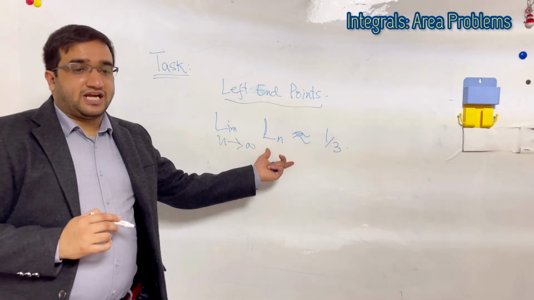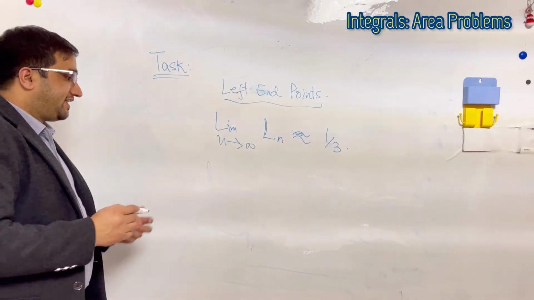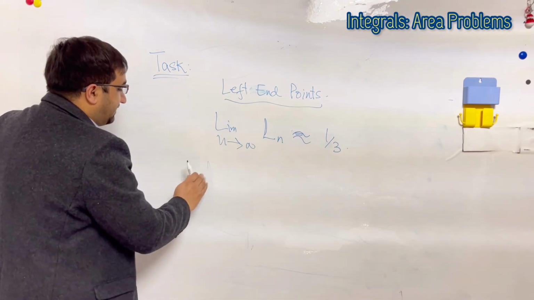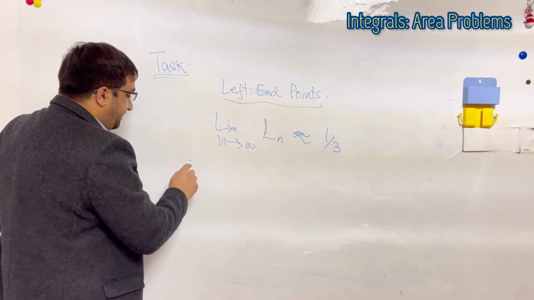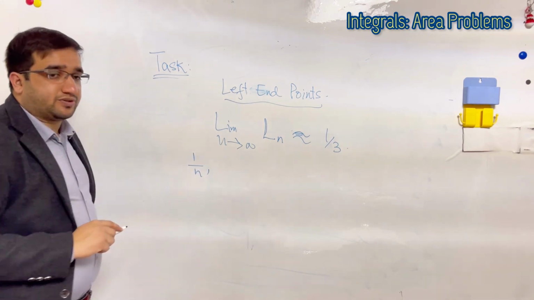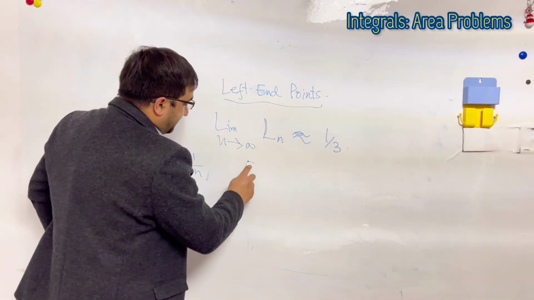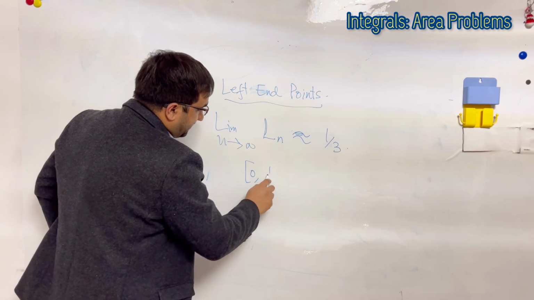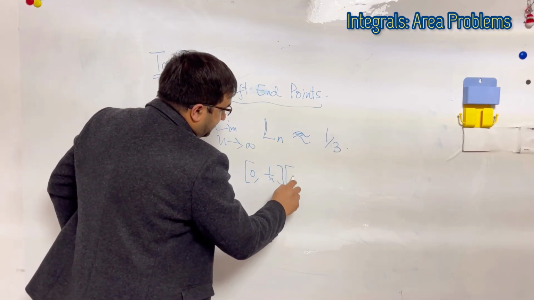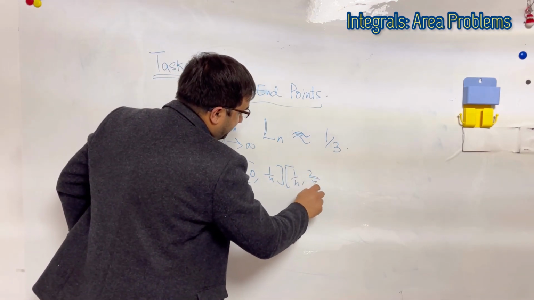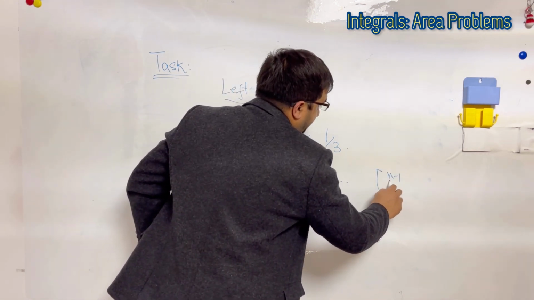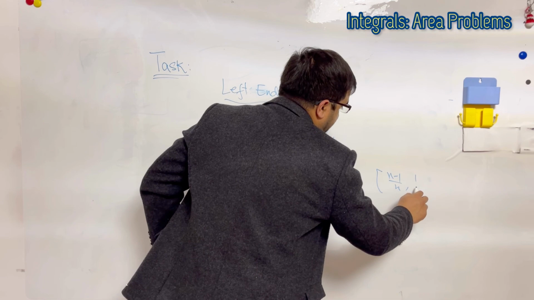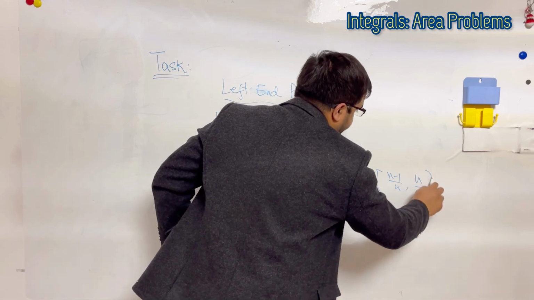But this time you have to consider those intervals, only the left sides. Let me tell you what will be the points. The width will be 1 by n, that is for sure. The intervals will be 0 to 1 by n, then 1 by n to 2 by n, and so on up to n minus 1 by n to n by n.